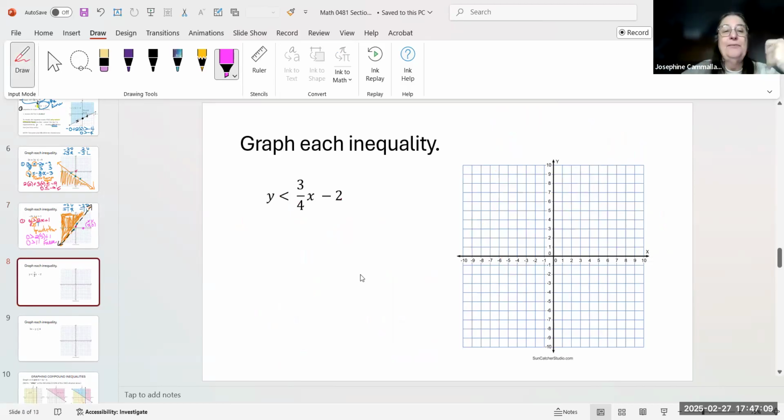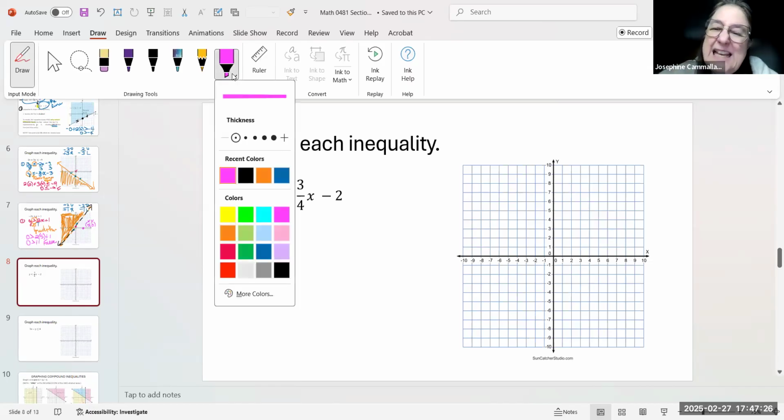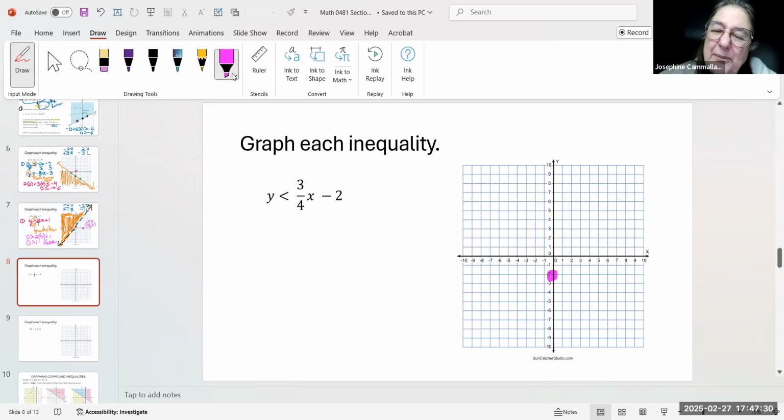Let's try it again. Now this one is really nice. It's already set up for you. Probably I should have done this one first, but I didn't. I kind of wanted to do a few before I got to here. Well, again, my y-intercept is 0, -2, which means it's right here. That's my y-intercept, 0, -2.